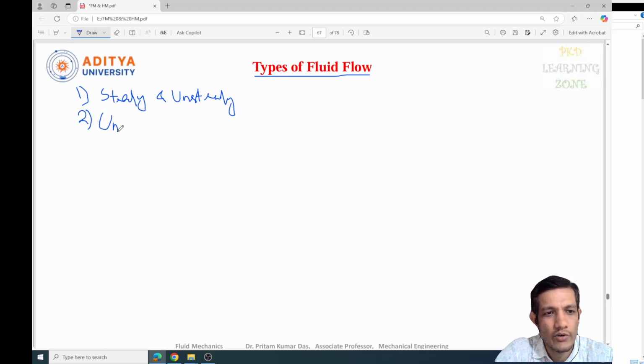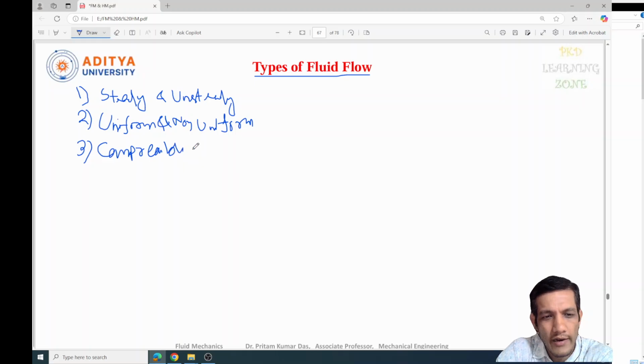Second one is uniform flow and non-uniform flow. Third one is compressible and incompressible flow.